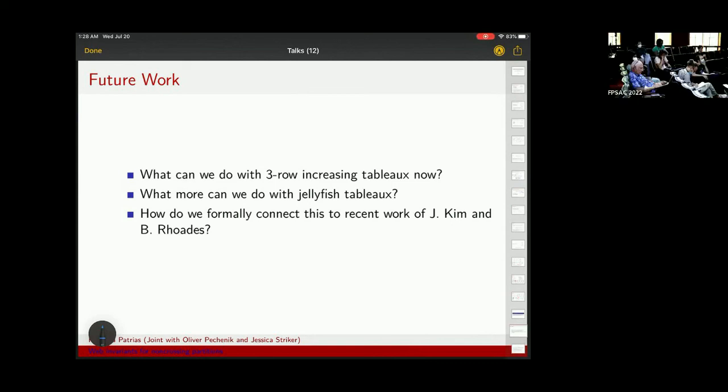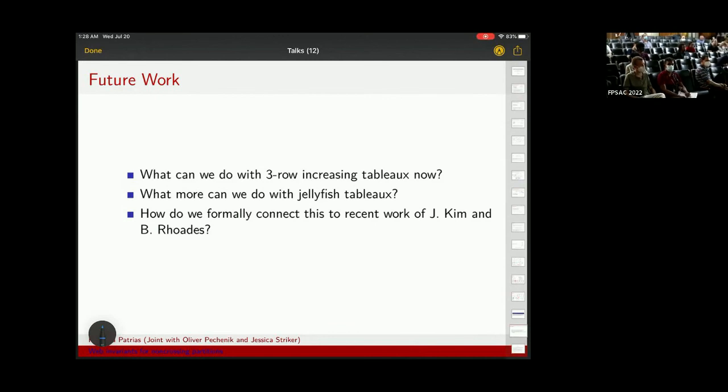Is 3-row the limit for this kind of thing, or do you think 4-row tableau would also be interesting? In the standard Young tableau case, the webs get crazy after 3 rows. I think Jessica and Oliver and 2 other co-authors are working on the analog in the standard Young tableau 4-row case, but in general the web situation isn't what we want it to be.